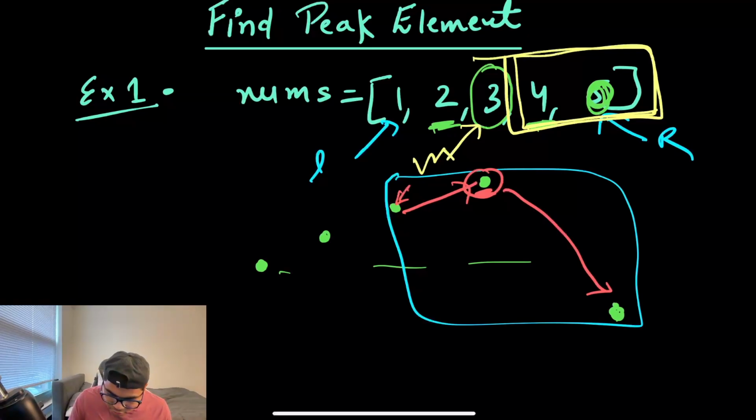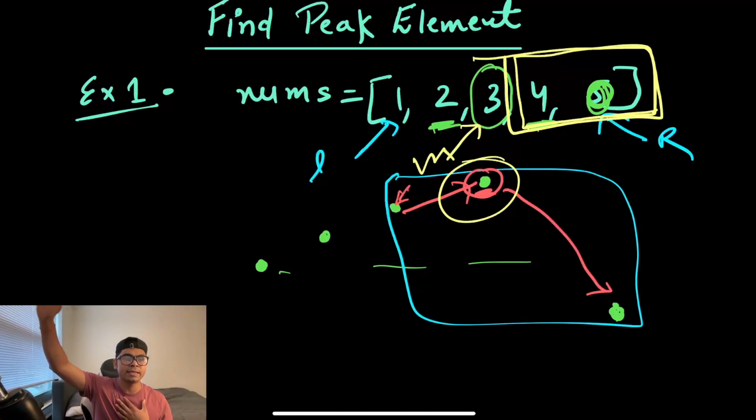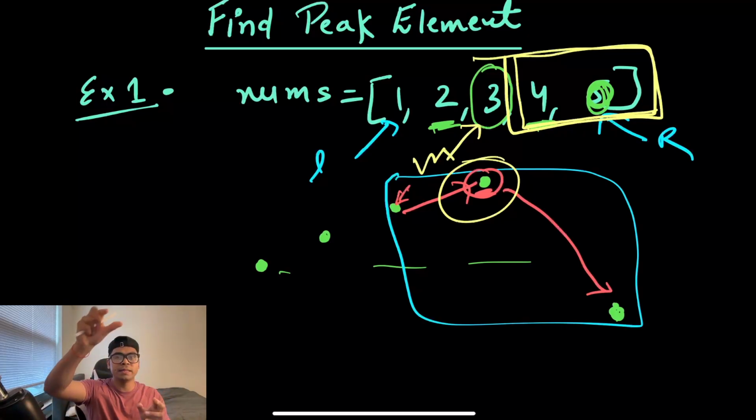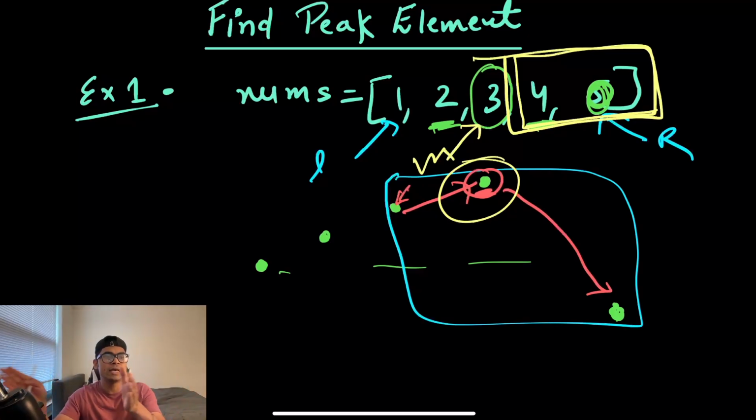Either this is your answer, or it was a monotonic array, then the last element is your answer, because that's how it needs to be. If it's a monotonic array, then you return the last element if it keeps increasing. But if somewhere it takes a drop, that means you were going up and then suddenly came down. So there will be a peak element, and you will find it if you choose to go to that side.